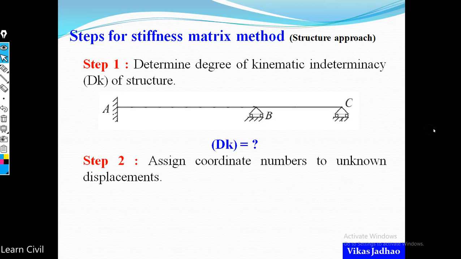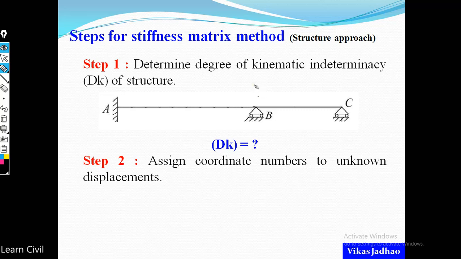Step number 2, we have to assign coordinate numbers to the unknown displacements. As we have seen here, the unknown displacements are theta B and theta C. So we will assign coordinate numbers to these unknown displacements.